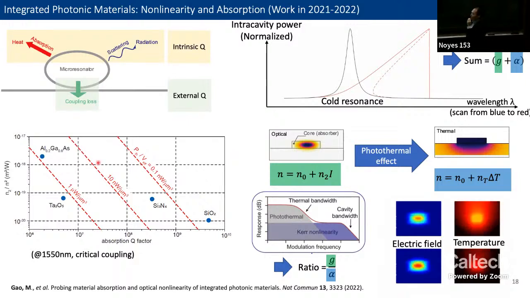However, the absorption performance of aluminum gallium arsenide, especially in this case, is about 3 orders of magnitude worse than the silica we presented here. So it makes sense, if you look at this figure closely, why people finally landed on silicon nitride as a widely used solution for CMOS compatible integrated photonic engineering.